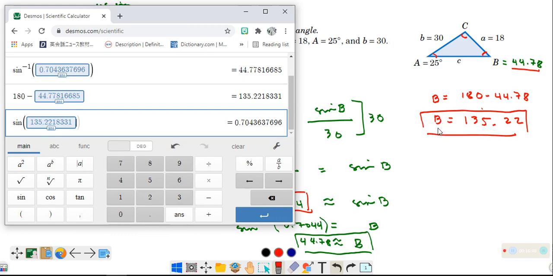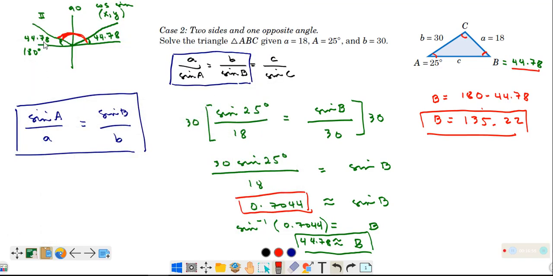Again, bakit to mahalaga? Minsan wala kayong drawing. Hindi nyo alam kung acute yung hinahanap nyong angle or obtuse. Okay? So, wag nyo tong kakalimutan. May idea tayo na 180 minus the given angle are equal to the same ratio of the sine.